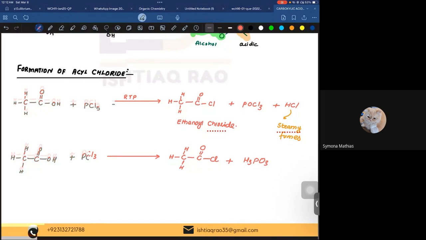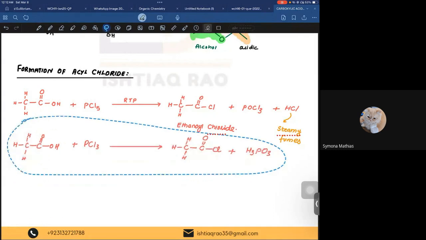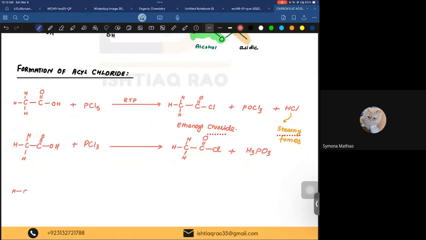Or, the other option, you can also react it with thionyl chloride, SOCl2. This will form the same product, and the extra products will be SO2 and HCl. Again, you are getting HCl, so you will see steamy fumes.